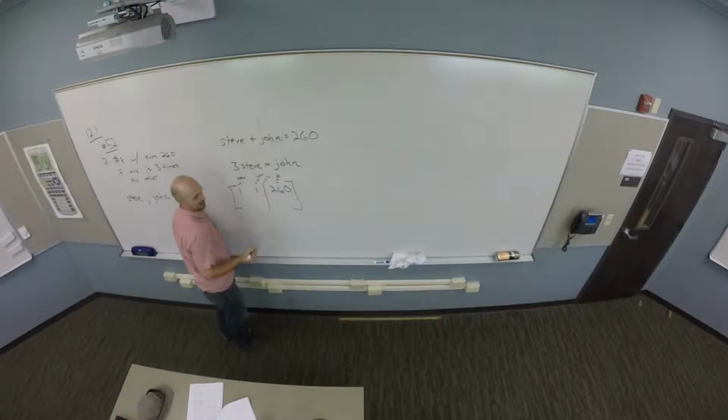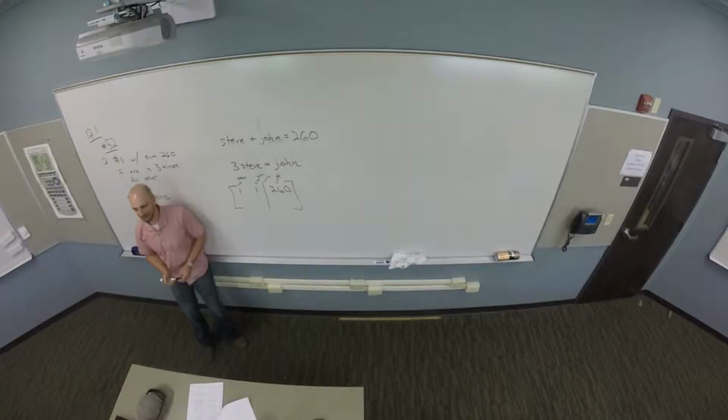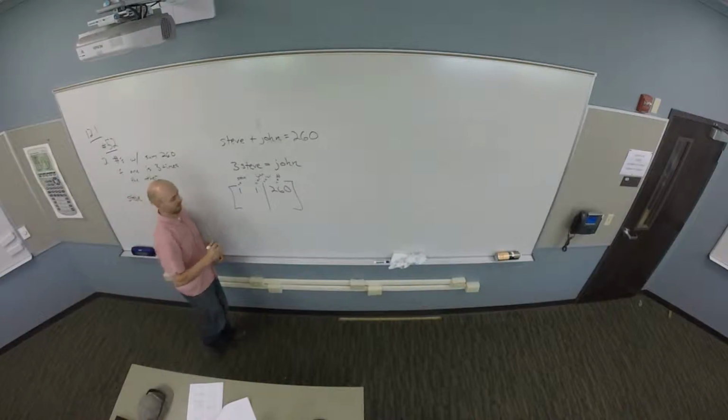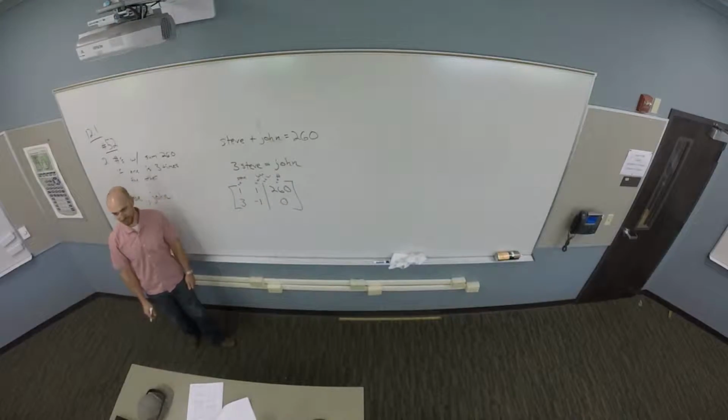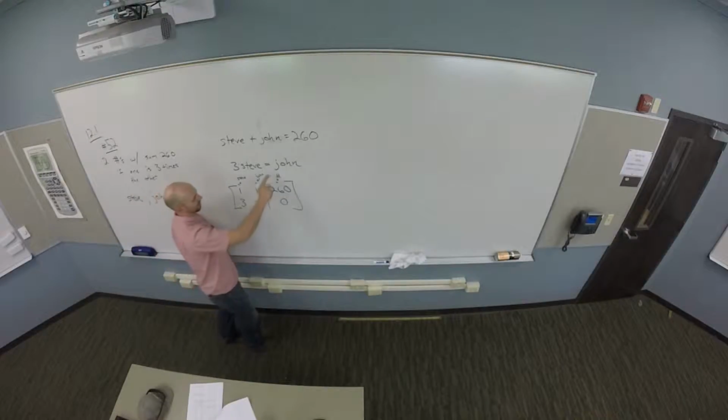Why is it negative John? Because you have to subtract John to get the equation to equal the number. Got it, 3 Steves minus John equals 0.